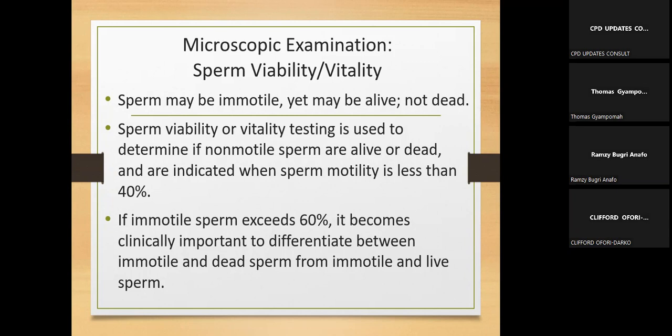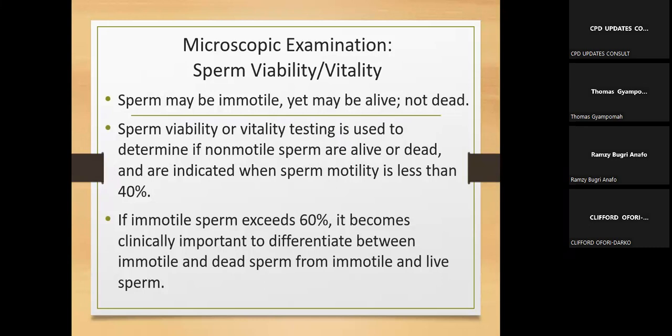Right. Sperm viability, and for that matter vitality testing, is used to determine if the non-motile sperm are alive or dead, and is indicated when sperm motility is less than 40%. So when the entire sperm motility is less than 40%, it means that immotility is more than 60%. That's when the sperm viability test becomes necessary. Otherwise, you don't need it.